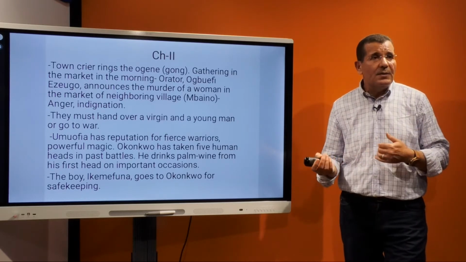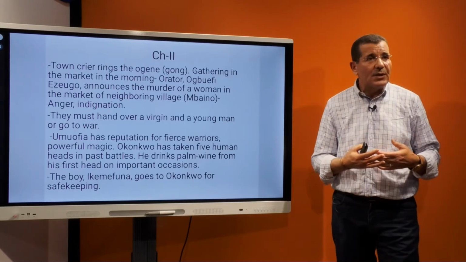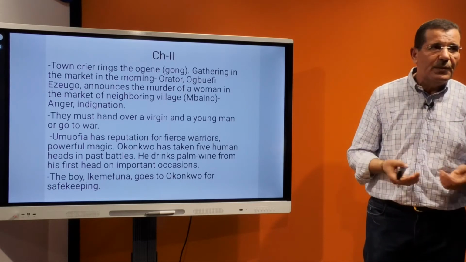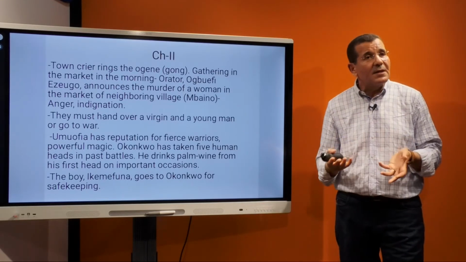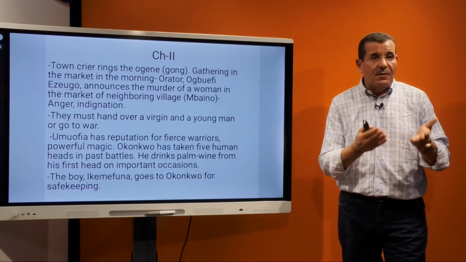Umuofia has a reputation for fierce warriors and powerful magic. And here, Okonkwo again has taken five human heads in past battles, and he drinks palm wine from his first head on important occasions.